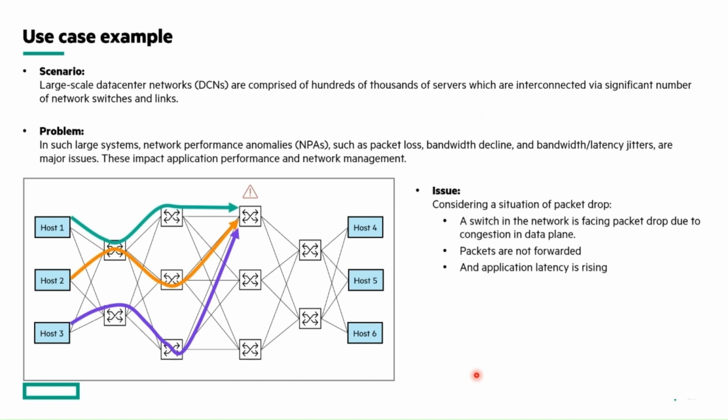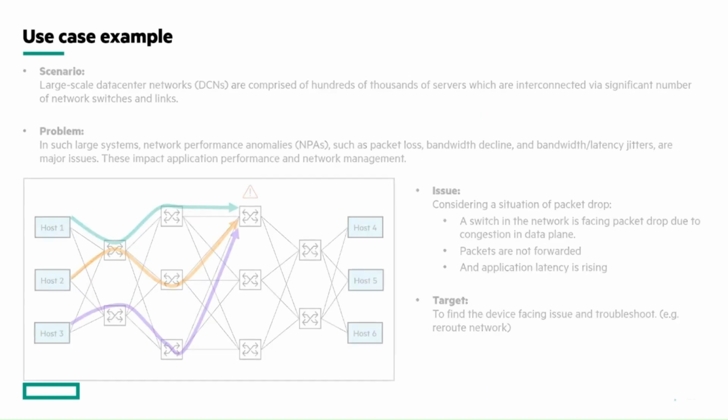Let's take a sample issue and consider a situation of packet drop. A switch in the network is facing packet drop due to congestion in the data plane. Packets are not forwarded due to this condition and application latencies are continuously rising. The target for the network admin is to find the device facing the issue and troubleshoot it, for example, to redirect or reroute the network traffic.